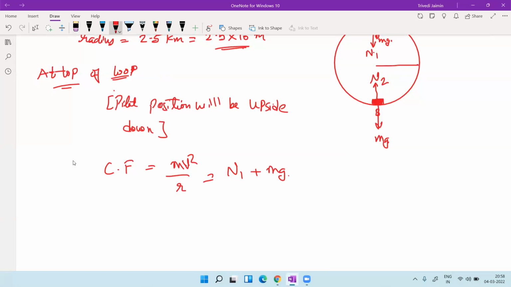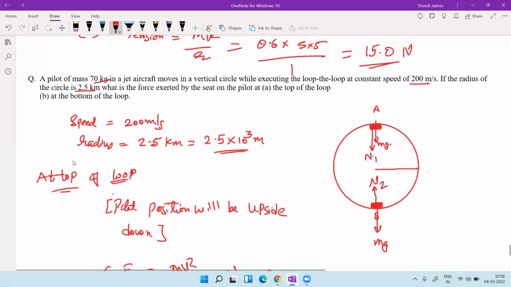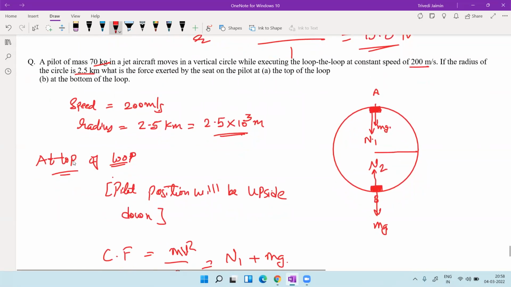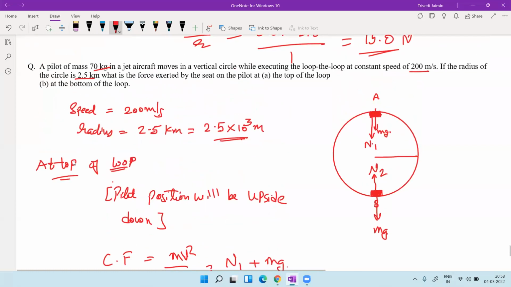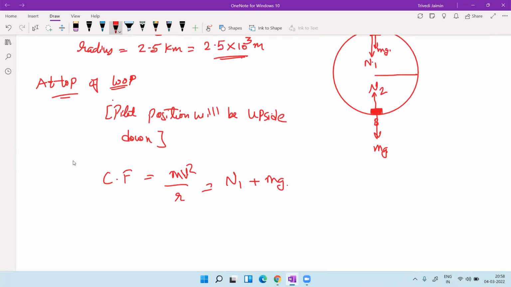So we need to find N1, the force exerted by the seat on the pilot at the top of the loop. So N1 equals mv square by r minus mg.